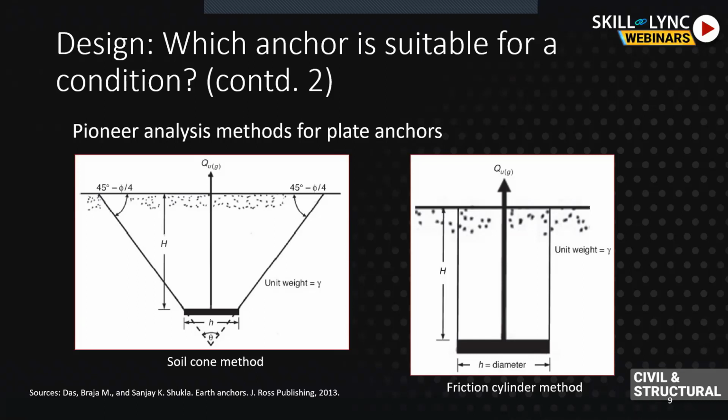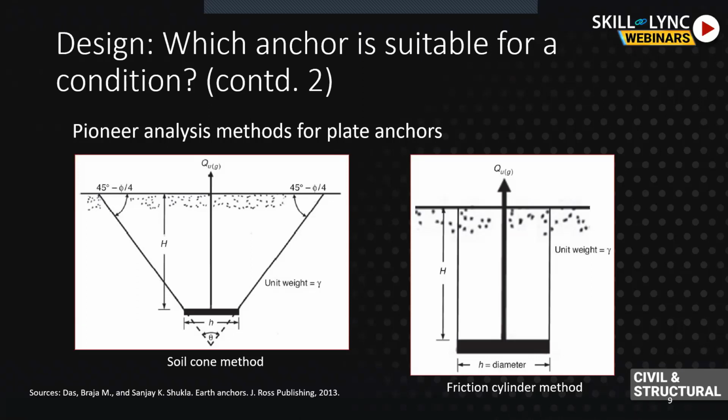So one method is simpler, one method is a little bit tougher, but they have managed to start some kind of designing procedure. And as time passed, this method developed into various methods like Bishop's and Meyerhof's and then Morgenstern Price. This is just for the plate anchors, but we can use them for driven anchors for frictional capacities.